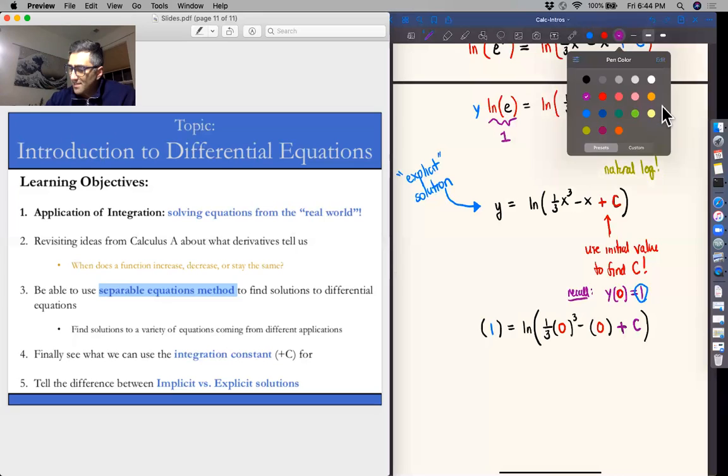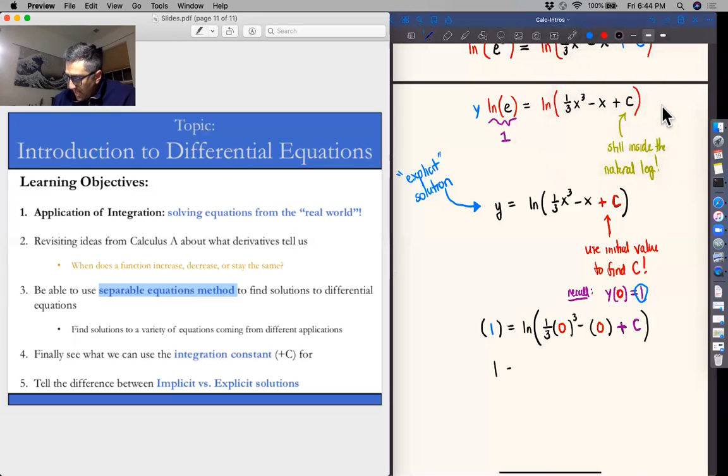The left-hand side of this equation is just 1, and the right-hand side, if we simplify it, turns into, well, 0 cubed is 0, minus 0, so we have the ln of c is equal to 1. And if we wanted to, we could figure out what c is directly here. To figure out c directly, I'm just going to rewrite this equation down below.